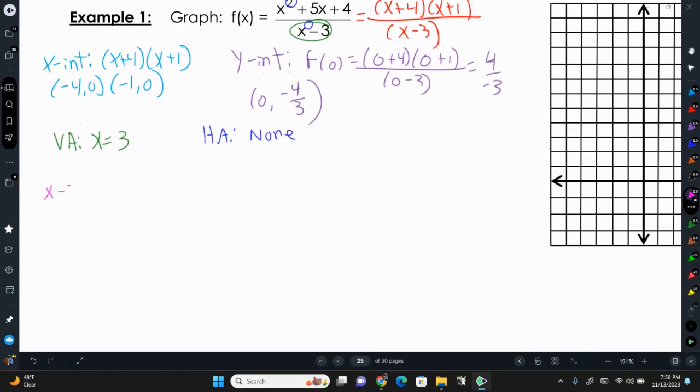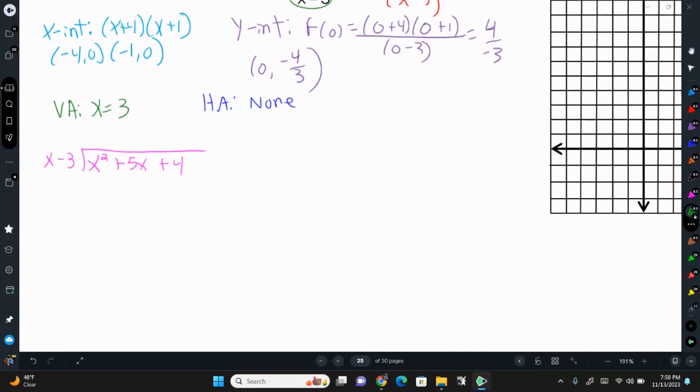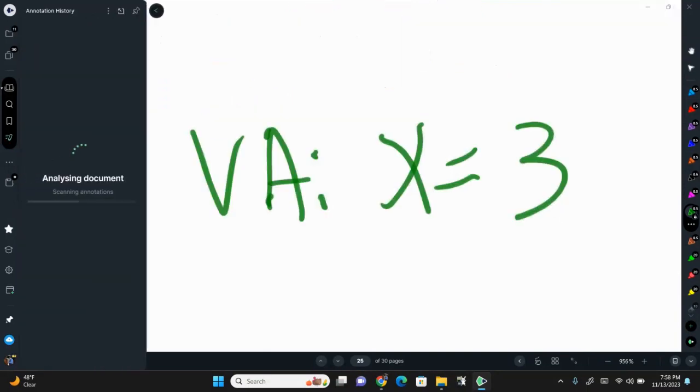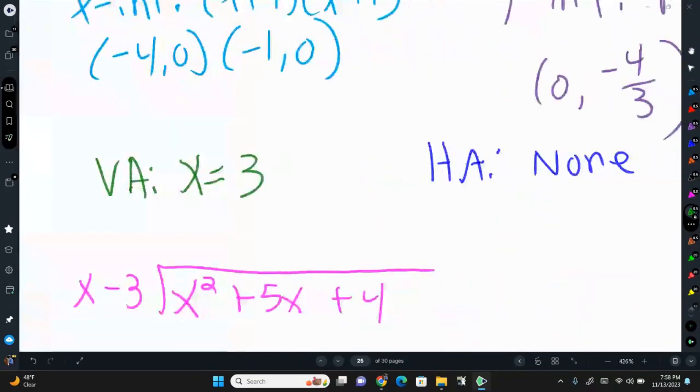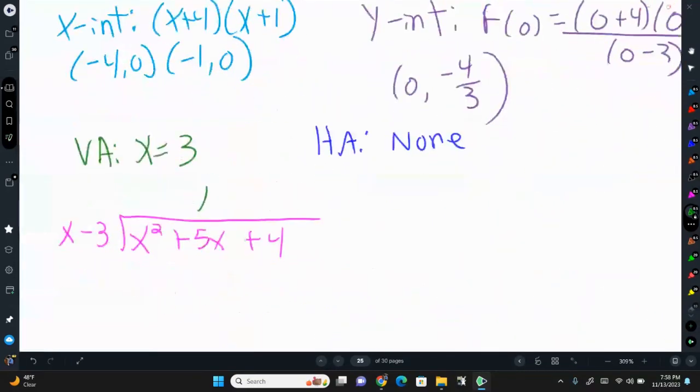So x minus 3 divided into x squared plus 5x plus 4. And we'll divide this, and x goes into x squared x times. X times x is x squared. X times negative 3 is negative 3x.